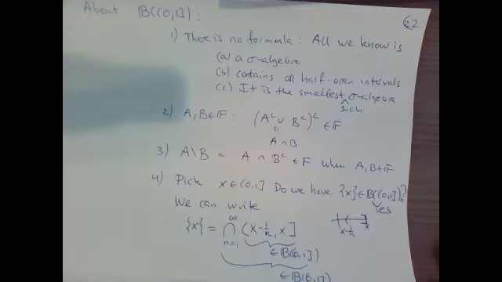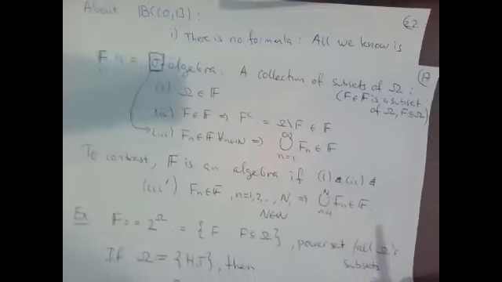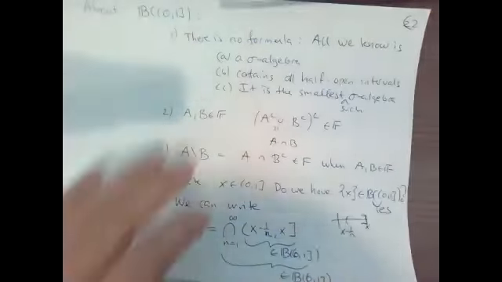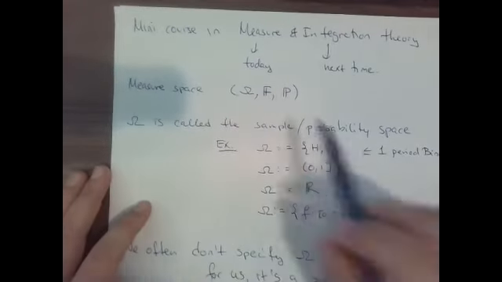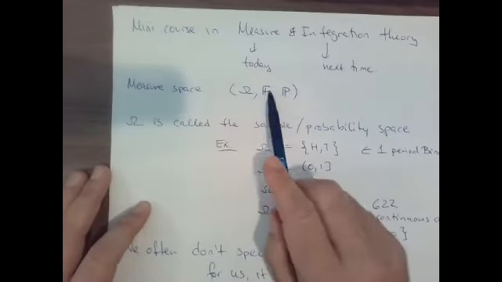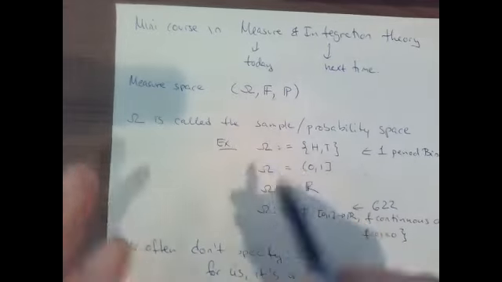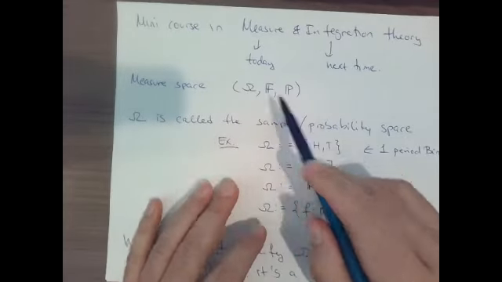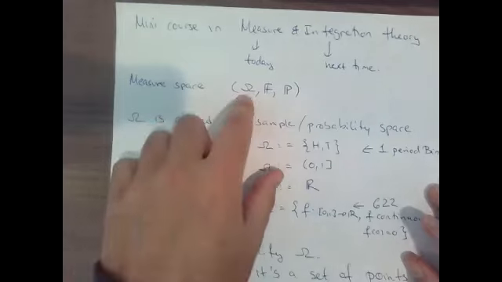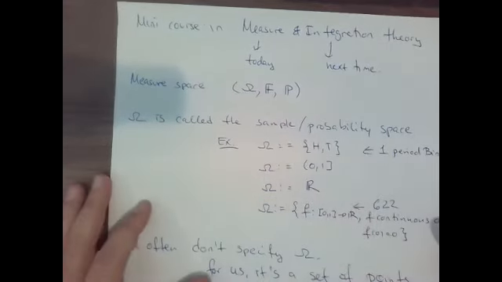So we got a few minutes left, and the last thing I want to tell you guys about is the third component in our triplet. So now hopefully we have some idea about what the first two components are. We have some idea about what omega is, we have some idea about what F is. Omega is a bunch of points. F is a collection of subsets of omega that satisfy a certain structure. Now what's P?